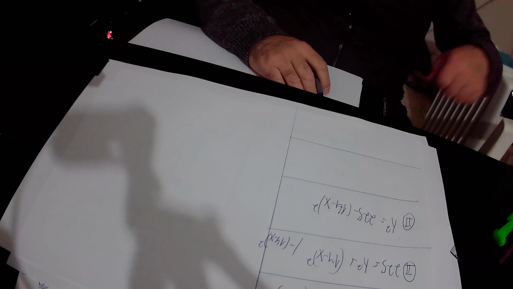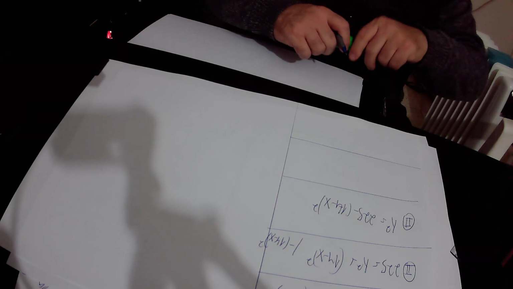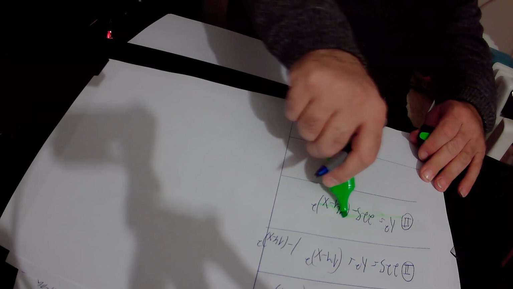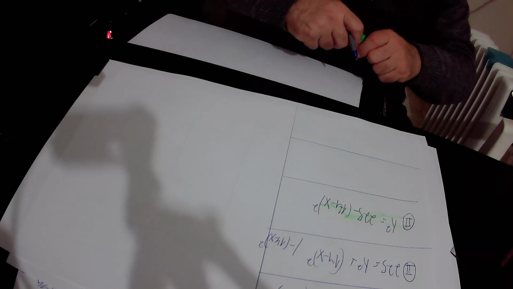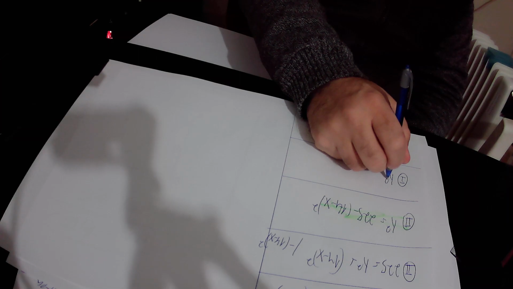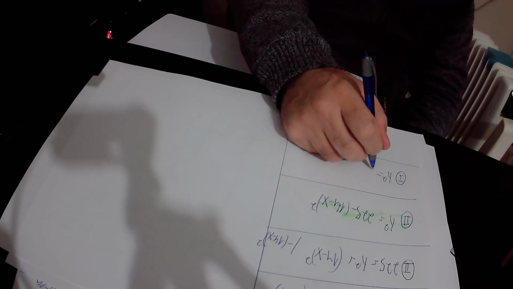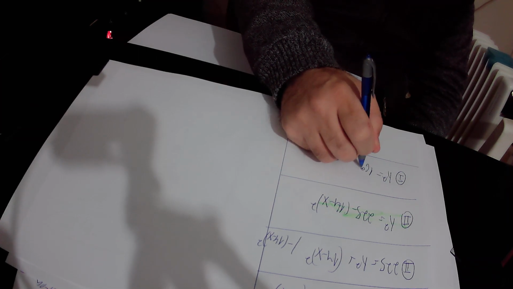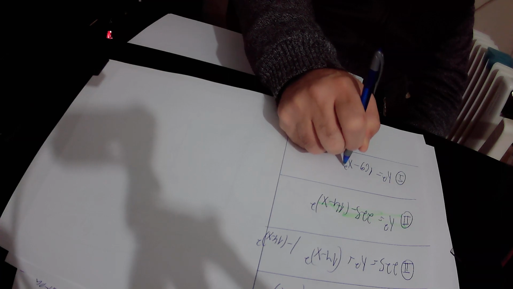While according to equation number 1, we already found out that H squared equals 169 minus X squared.